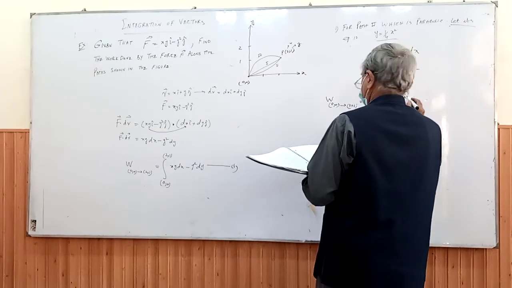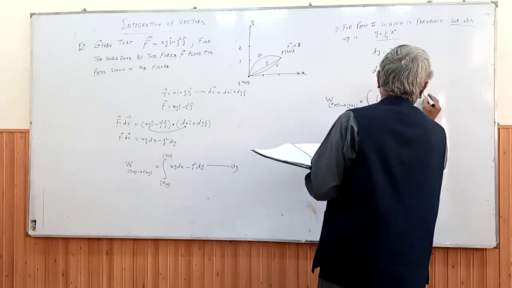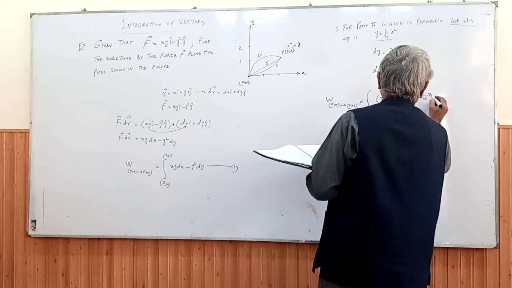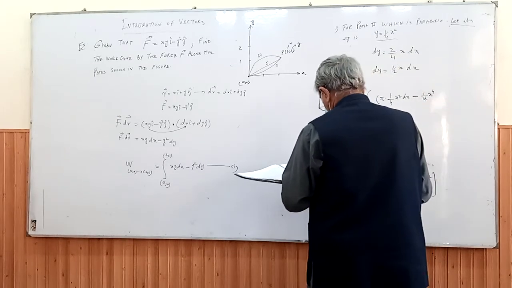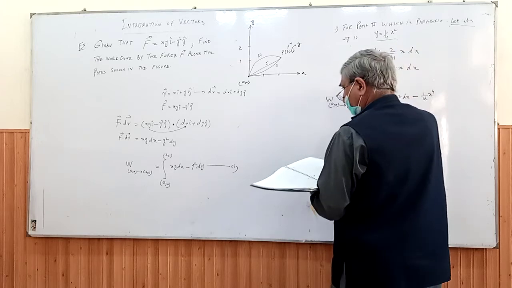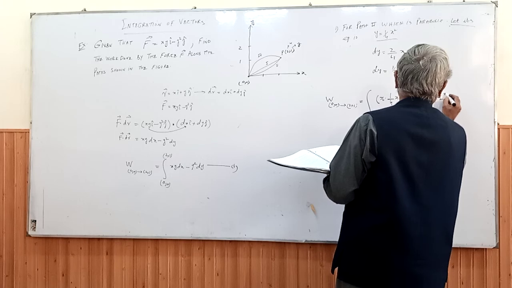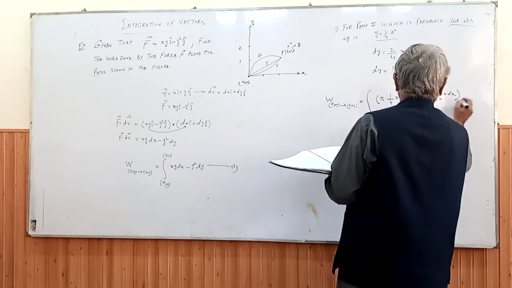Into dx minus y square, being 1 over 16 x4, into dy, which is 1 over 2 x dx.